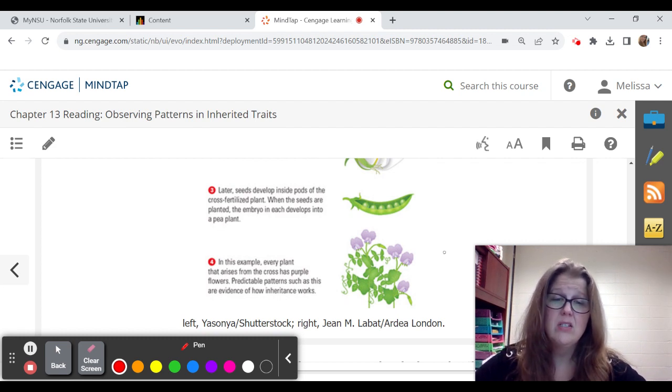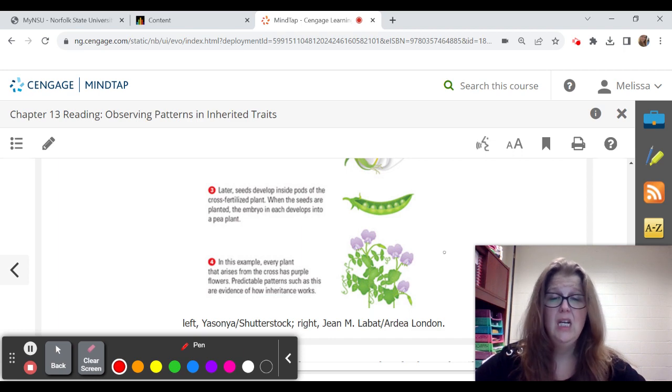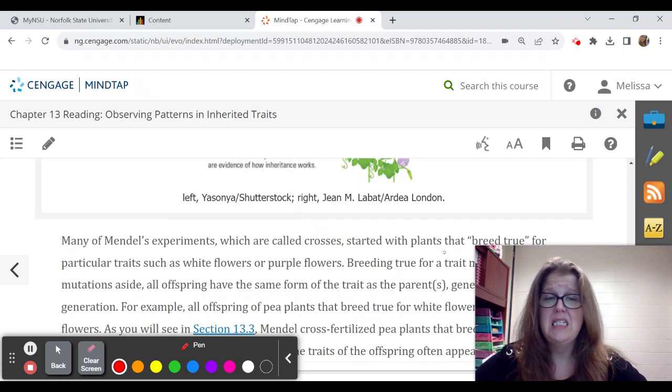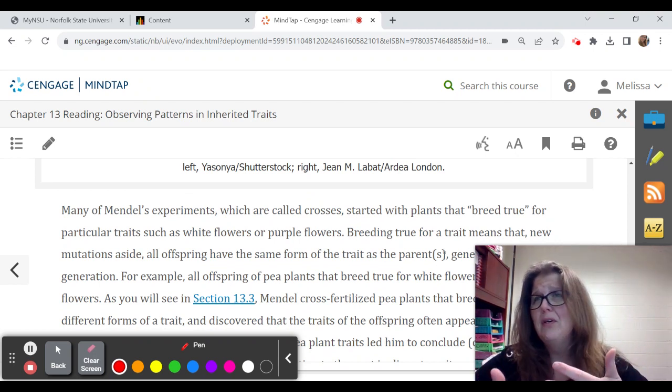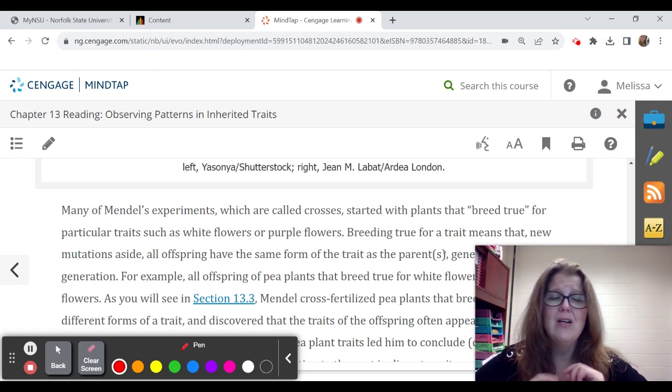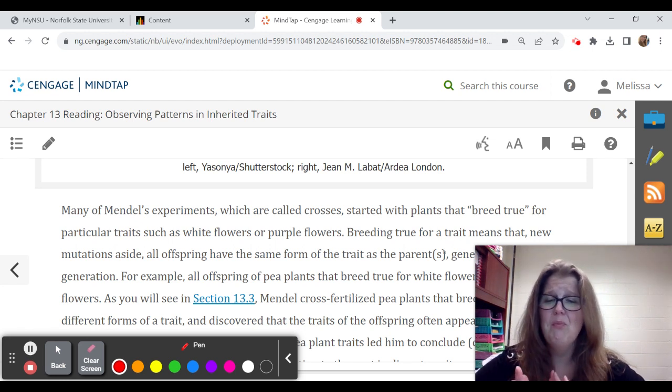And what he saw was that they were all purple. And this is just one of many different experiments that he did. There's color of the peas themselves, the pea pods. The peas are wrinkled or round, if the plants are tall or short. But we're going to get a little bit more into some terms and definitions here in a few minutes.